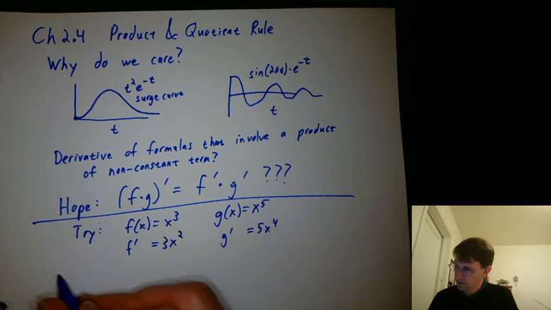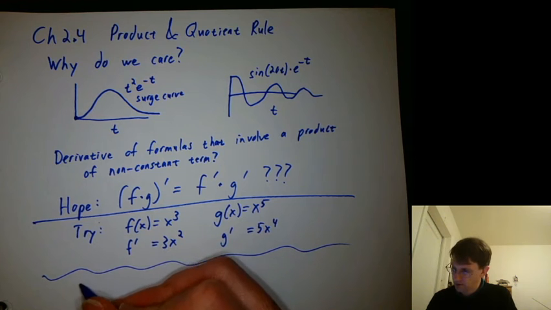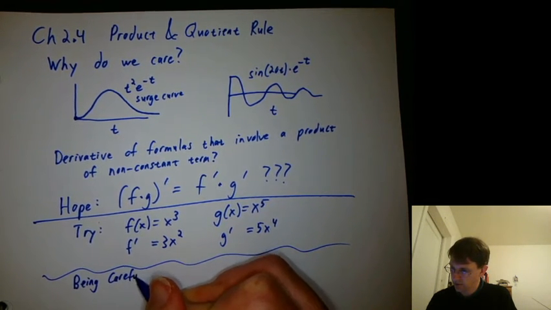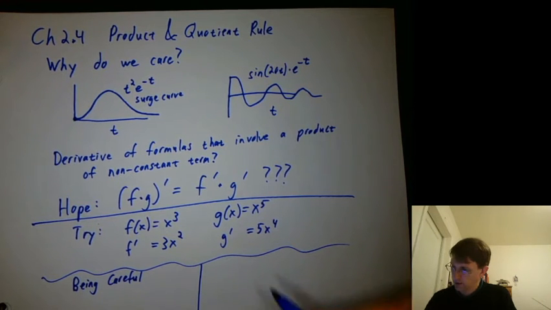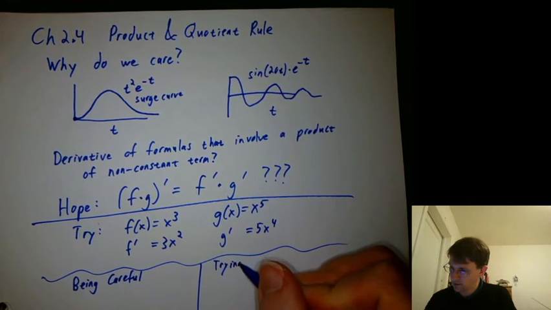So let's try this two different ways. Let's say the being careful way and the trying our hopeful formula way.